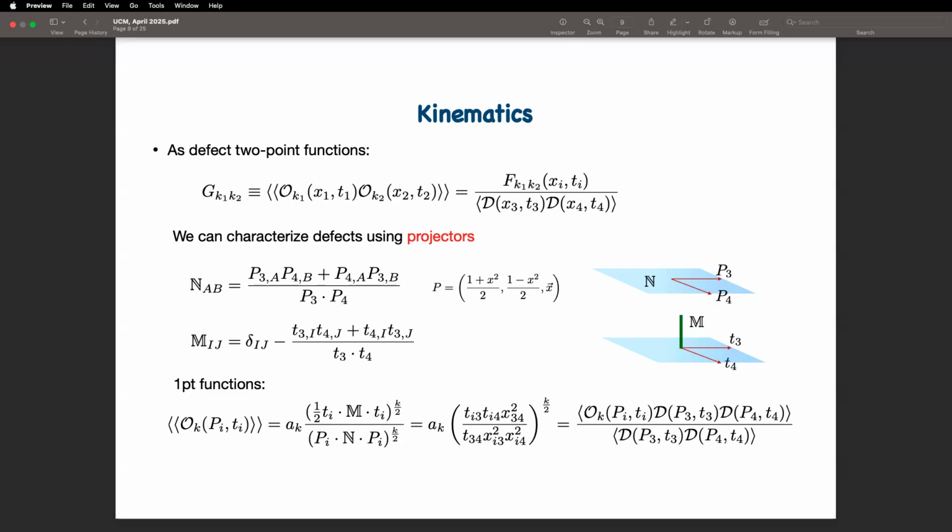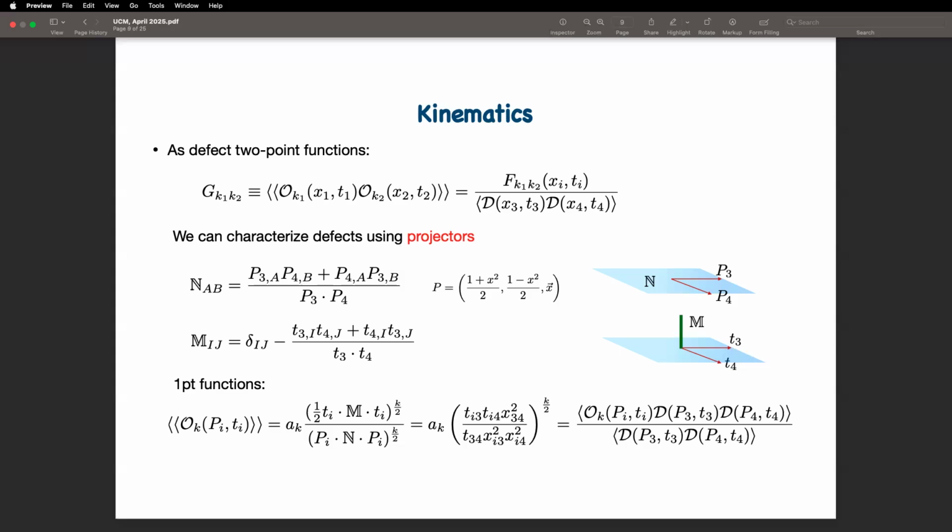For the R-symmetry part, I can define something similar from these 6-dimensional R-symmetry polarization vectors, but I'm going to do it in a slightly different way. I'm going to take 1 minus basically this thing with P replaced by T, which I'll call M. At this point it seems a bit weird, but later on we'll see why this is actually a natural definition.